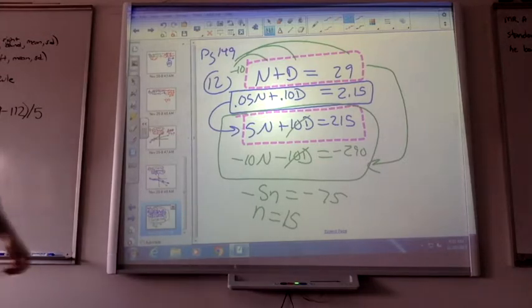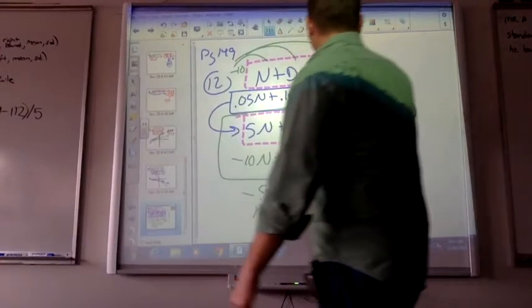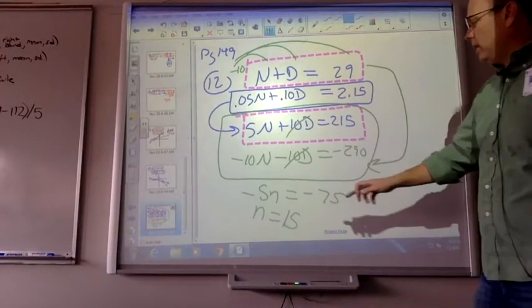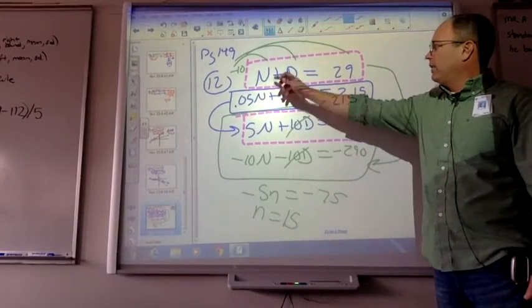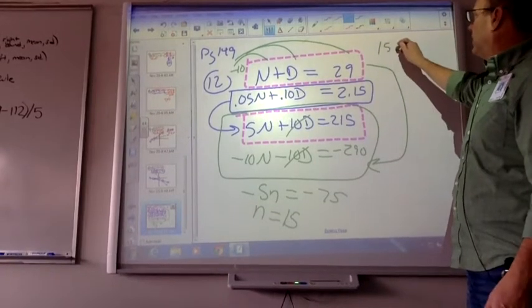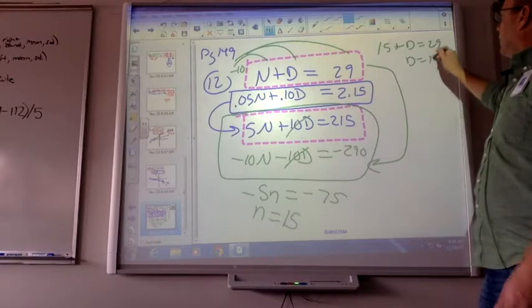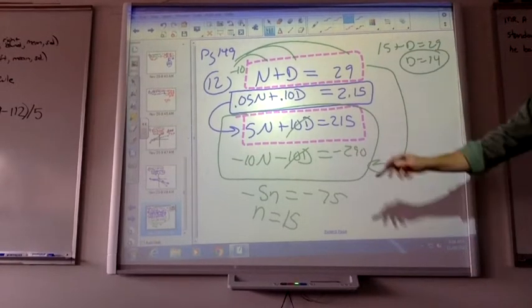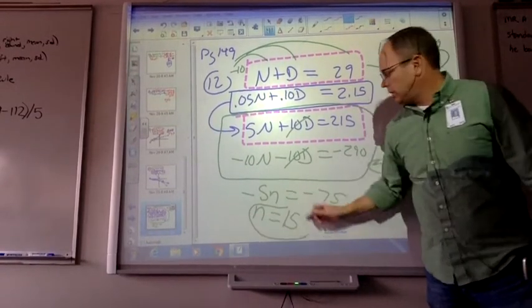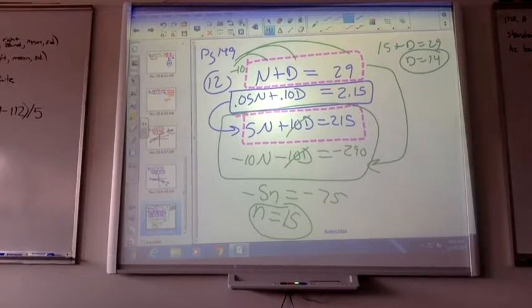So if I have 29 total coins that were nickels and dimes, and I had 15 nickels, that gives me 15 plus D equals 29. Subtract 15, so I got 14 dimes. 14 dimes, 15 nickels, to give me a whopping $2.15.